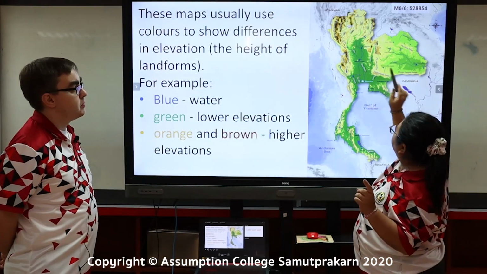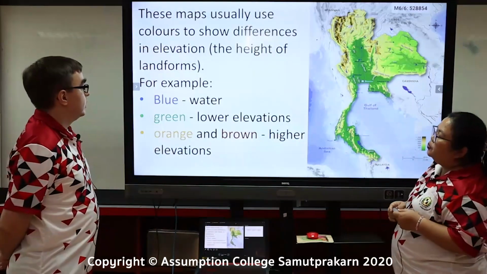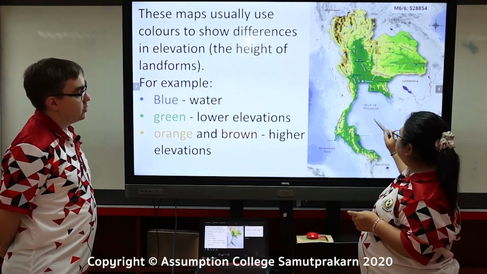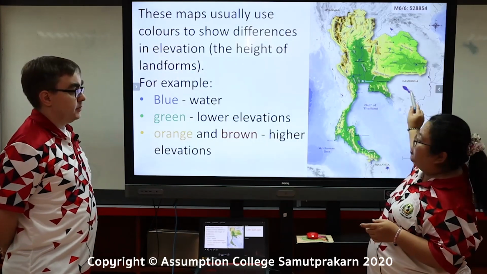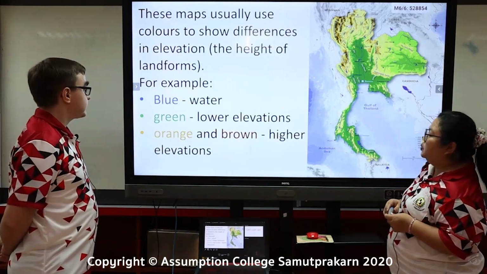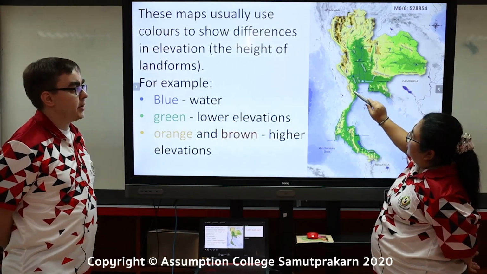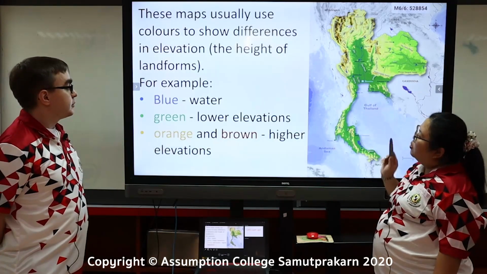For example, green, yellow, brown. So for example, blue will be for water. Water, oceans, sea, or lake. Basically bodies of water. Green and all shades of green can indicate some kind of lower elevation, lowlands, for example.